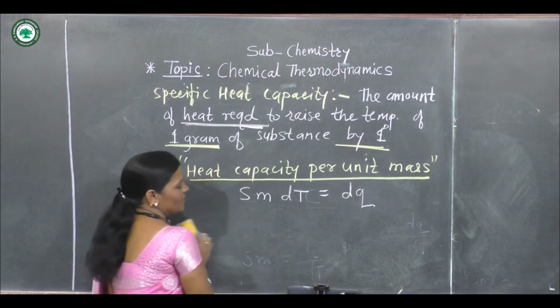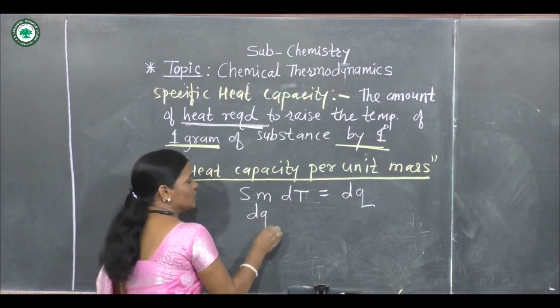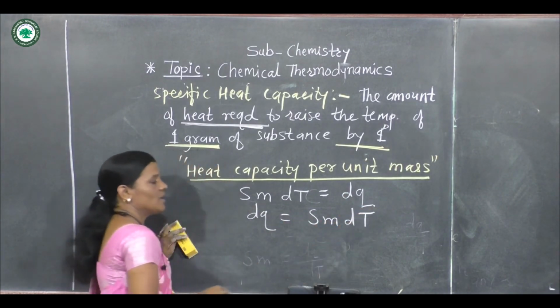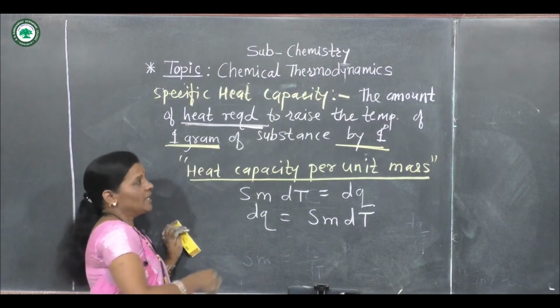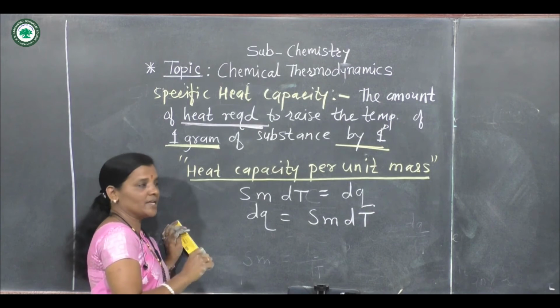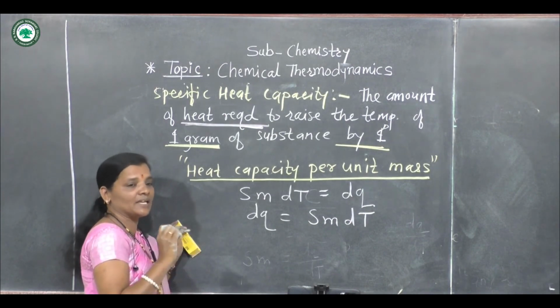So dq is equal to S into M into dt. We have to find the heat required to raise the temperature of 1 gram of substance by 1 degree to find the specific heat capacity.